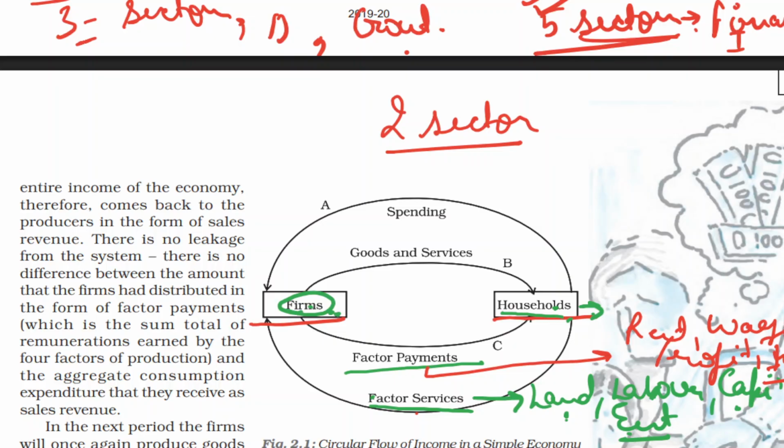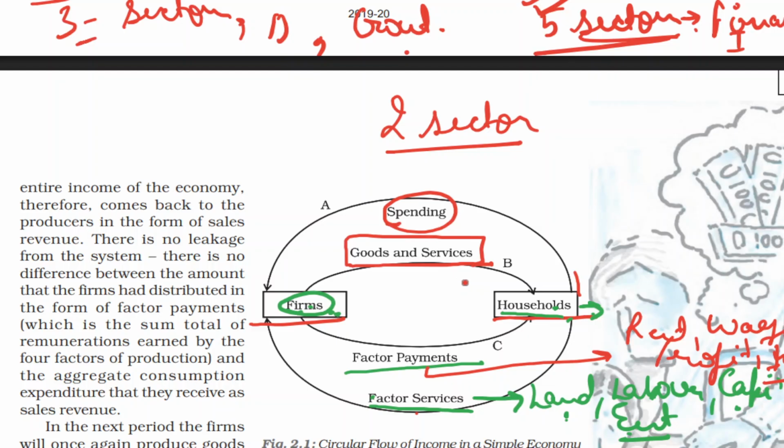You might be producing a car, machinery, buildings, pen, paper, table, anything. Or you will be providing services as a teacher, doctor, CA, advocate, anything. The firms will be providing you the goods and services, and you will be spending your money to avail these goods and services, right?